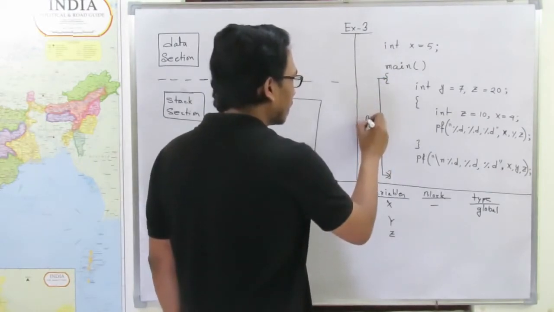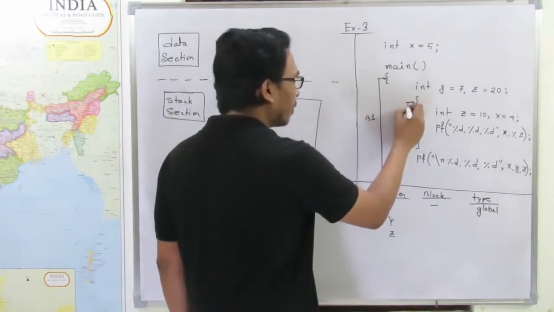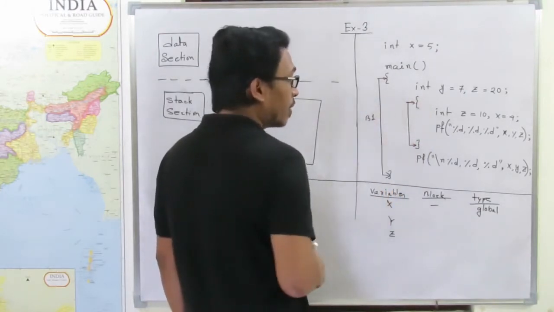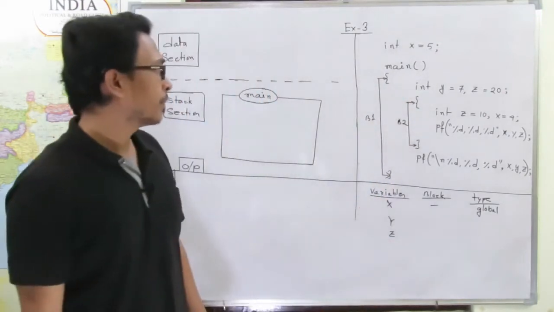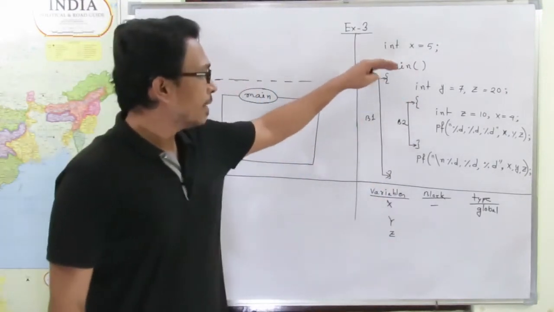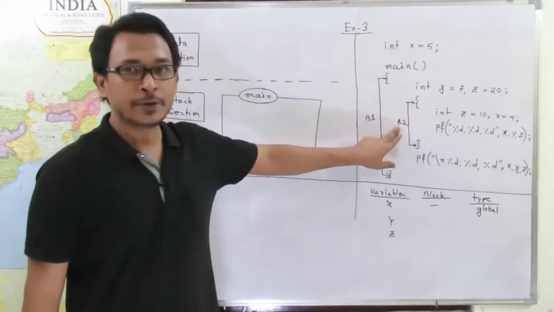Let's say the block name is b1, and here we also have one more block. Let's call it b2. So we called the main block b1 and the inner block b2.